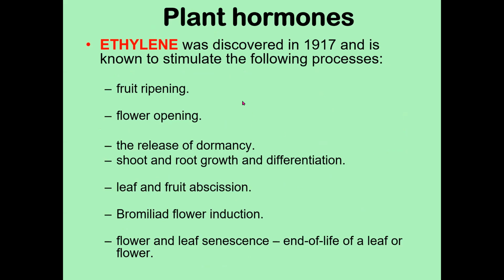So fruit ripening, flower opening, the release of dormancy, shoot and root growth and differentiation, leaf and fruit abscission. It's involved in that. I mentioned before, bromeliad flower induction, and flower and leaf senescence. So the end of life of a leaf or flower that becomes old.